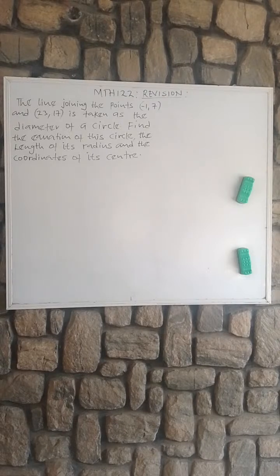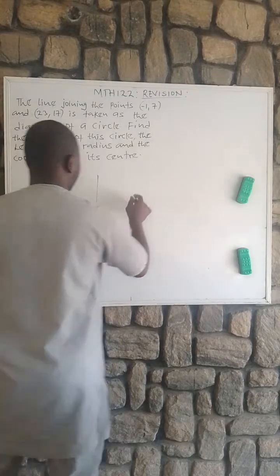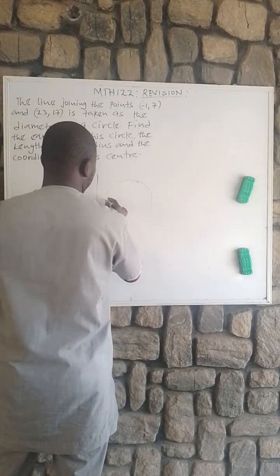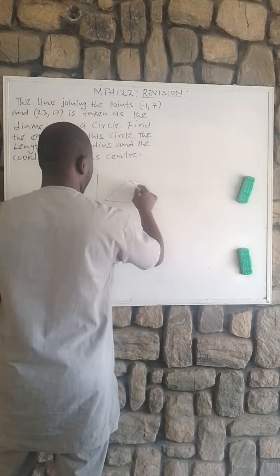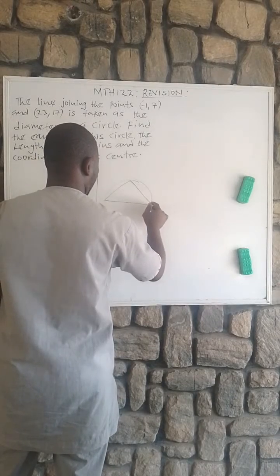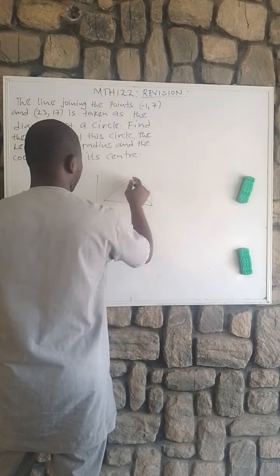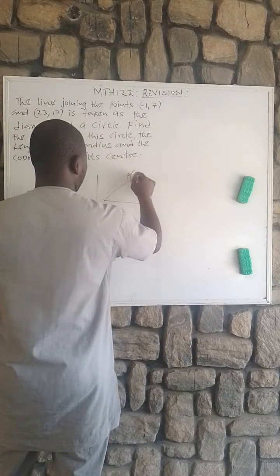So let's have a plane. Let me just get the diameter. This is point P, x, y.